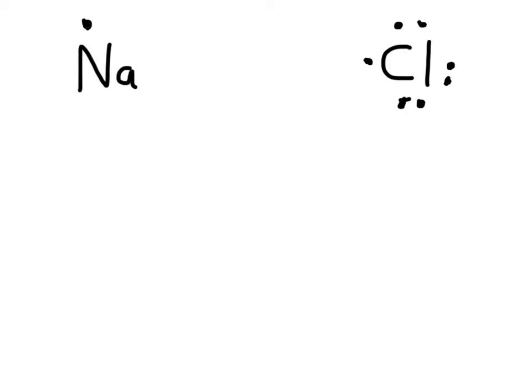So how can sodium get 8 electrons? Well, in theory, he could grab 7 electrons from somebody else, but that takes a lot of work and effort. It would be a lot easier for him to just boot out that electron that's in his valence shell. And he would do that because underneath, inside, he actually has a full valence shell just below that.